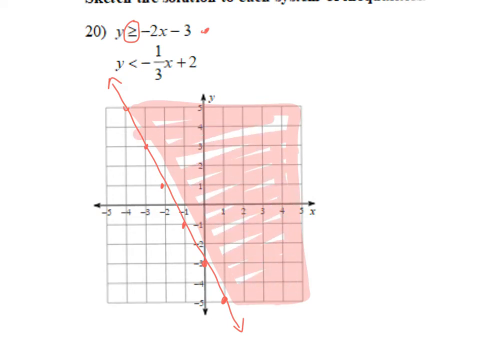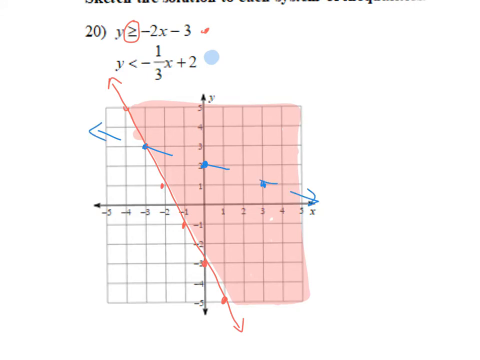All right, now I'm going to change colors here for the second guy. We'll go to blue here. On this guy right here, we're going to start at 2. A slope of negative 1/3 says down 1, right 3. Okay, it's going to be a dotted line.